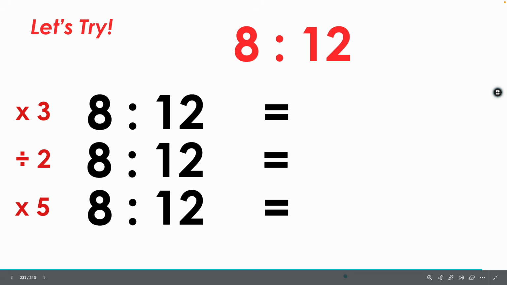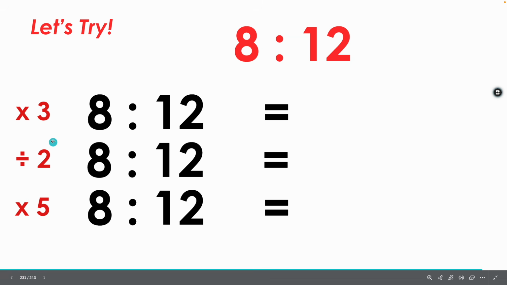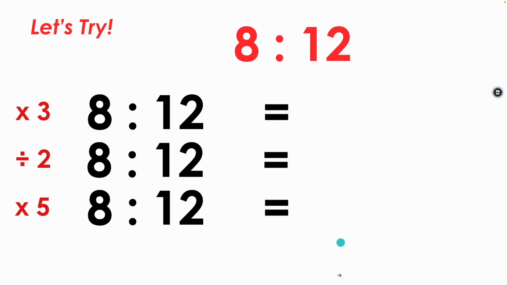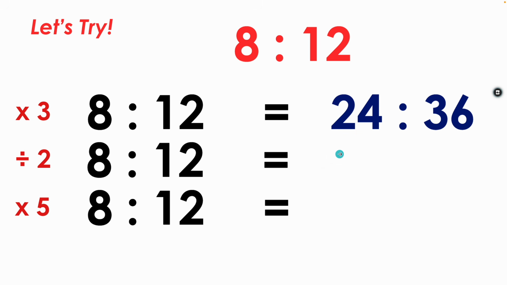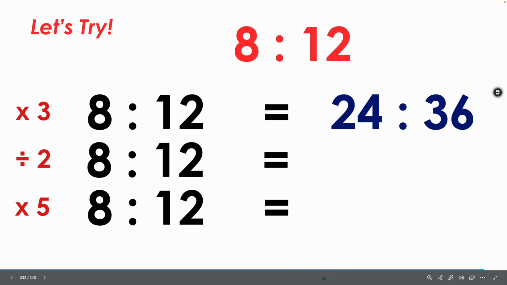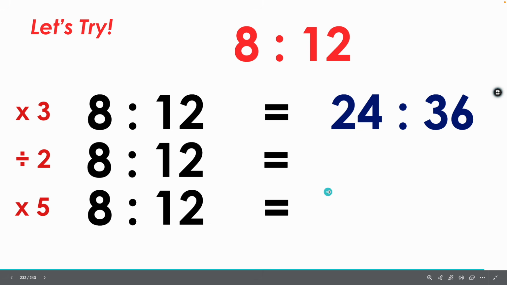So, let's try. It's your turn. Let us try to find three equivalent ratios for 8 to 12. First, let's multiply both terms by 3. So, 8 times 3 is 24, and 12 times 3 is 36. Therefore, 8 to 12 is equivalent to 24 to 36. Alright? Next, let's scale down. Let's divide 8 by 2. The answer is 4.